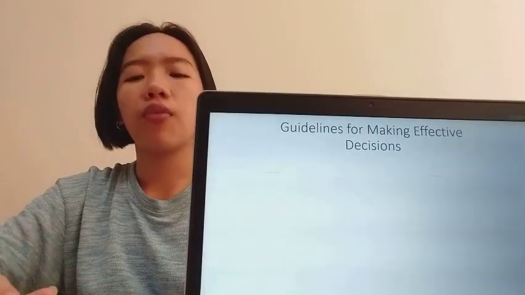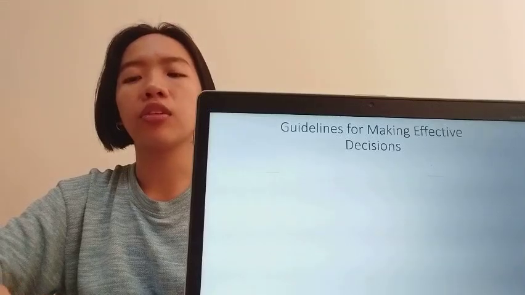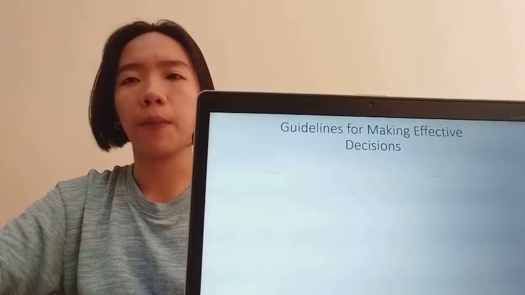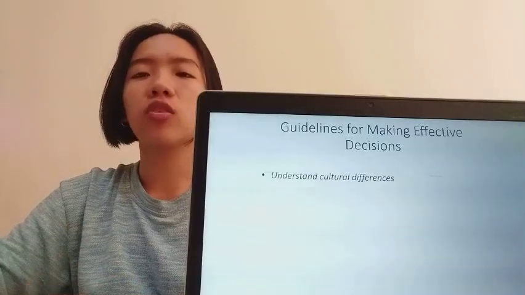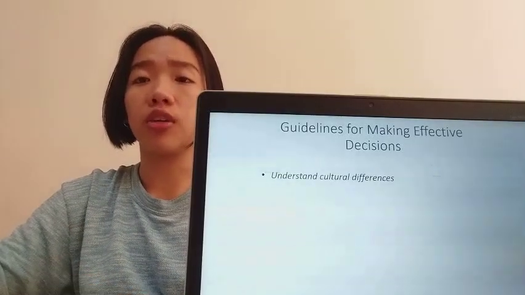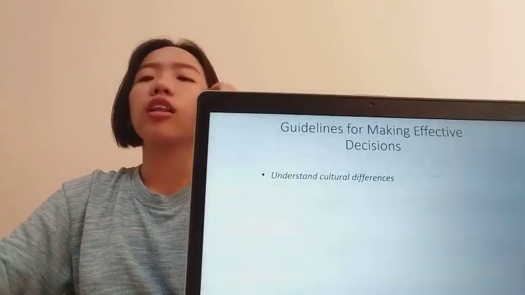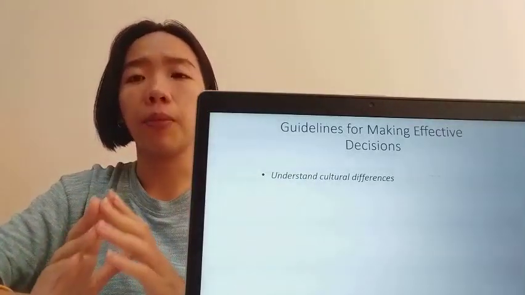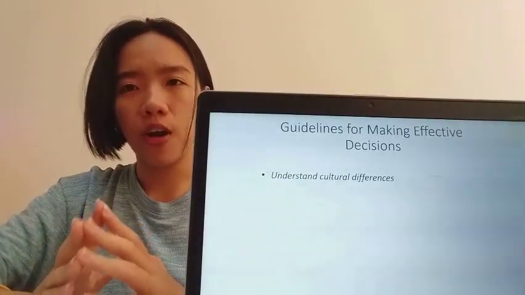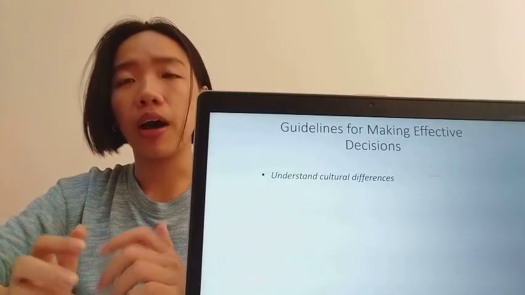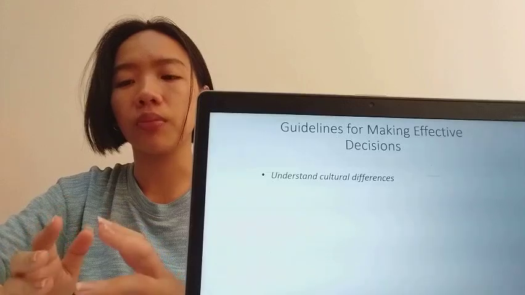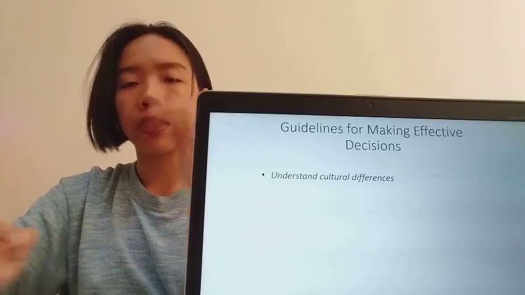In part 5, we will discuss guidelines for effective decision making. There are a total of 5 guidelines, and the first one is understand cultural differences. Because not every method can apply worldwide, it's better for a manager to research each country's culture before making a decision.